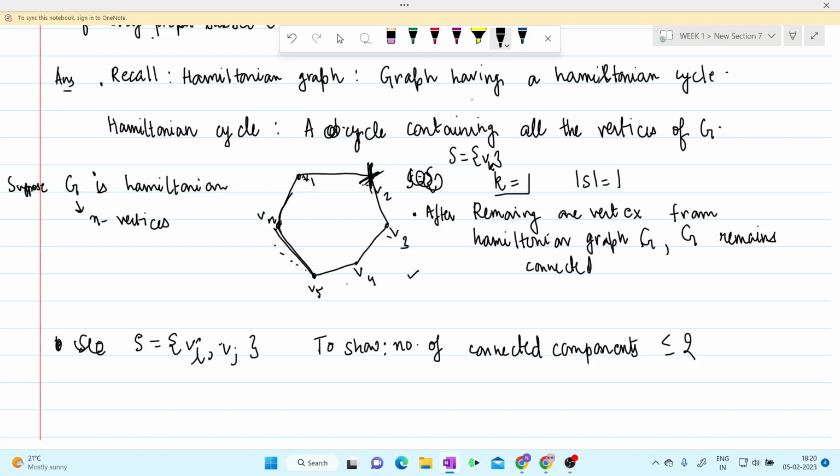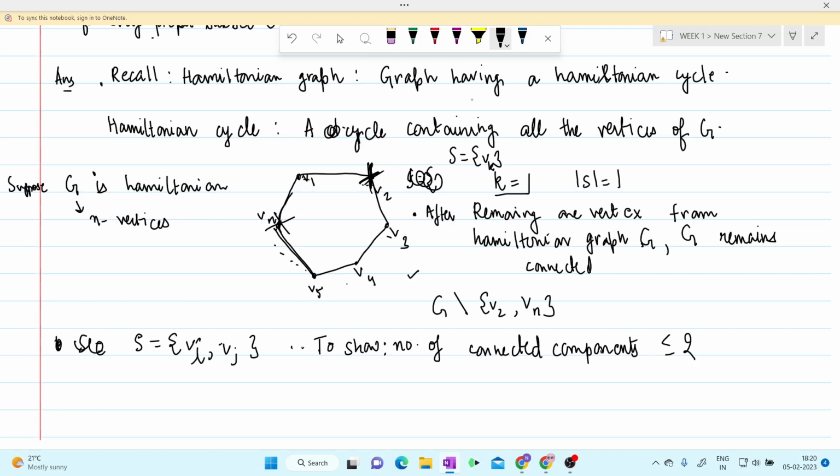Again, we are removing any two random vertices. Suppose first I am removing V2 and Vn. So G minus V2 and Vn, how many connected components does this graph have now? Two.